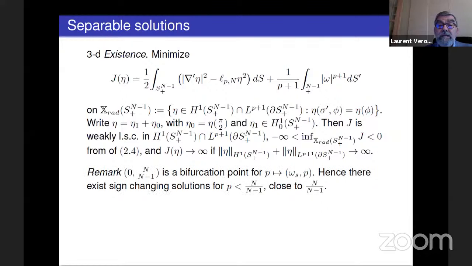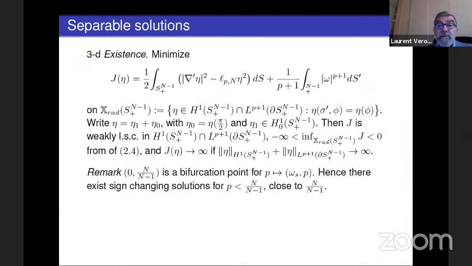So this functional is lower semi-continuous in this space, and it's bounded from above by 0 and below by minus infinity, and it goes to infinity when the norm of eta in H1 of S n minus 1 plus intersected with L p plus 1 goes to infinity. So it's very standard to get existence. Okay, so we have existence by this very standard method.